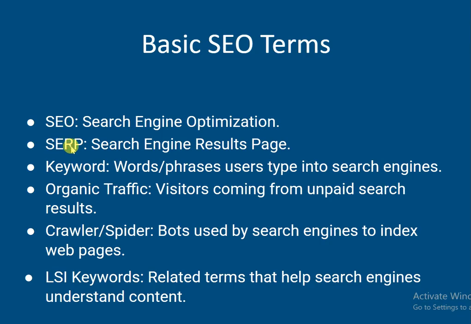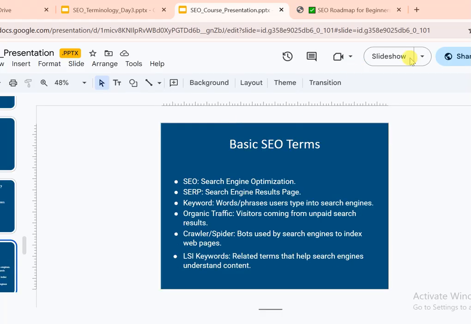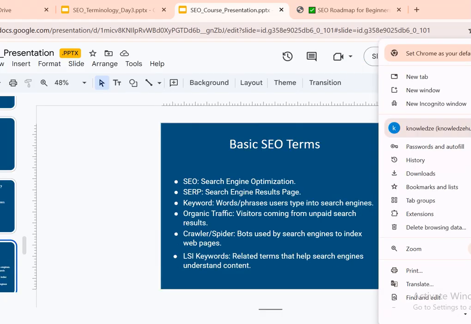Next, SERP. The full form of SERP is search engine results page. This is the page you see after typing a query into Google or any search engine. I will show you, you guys know that, but still.